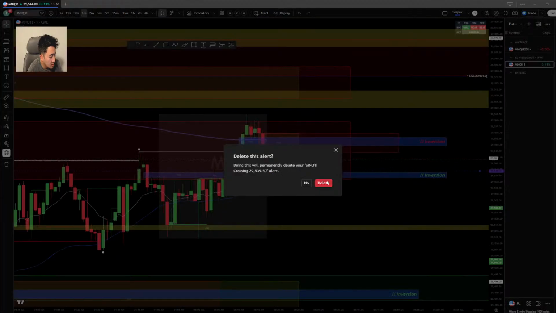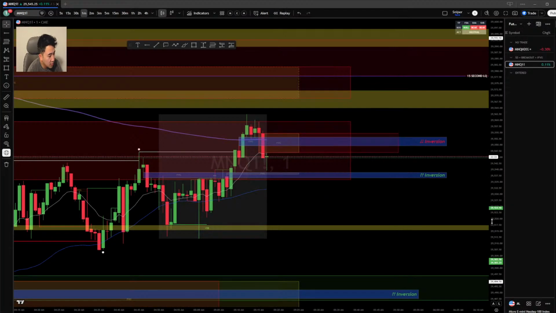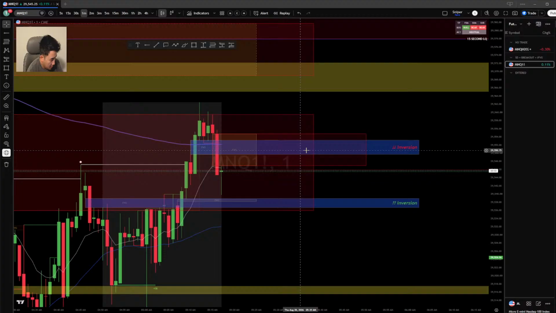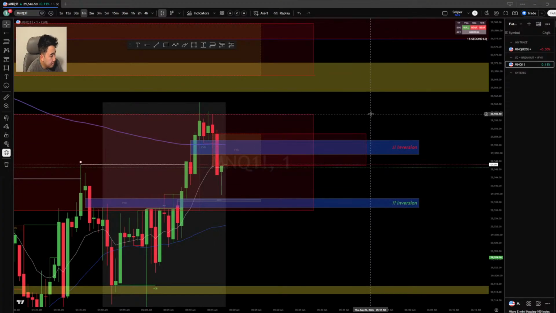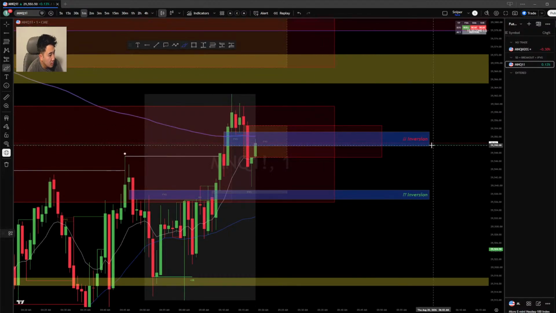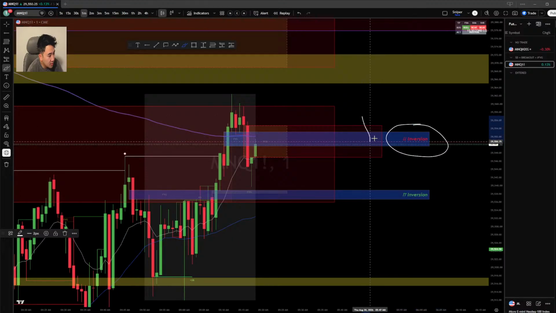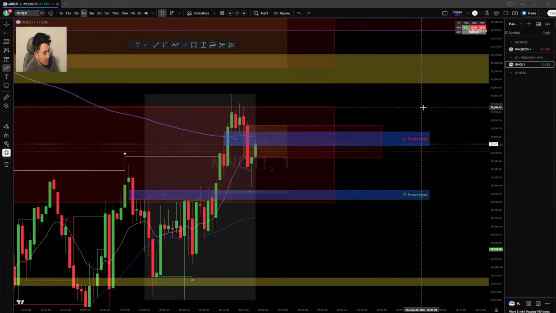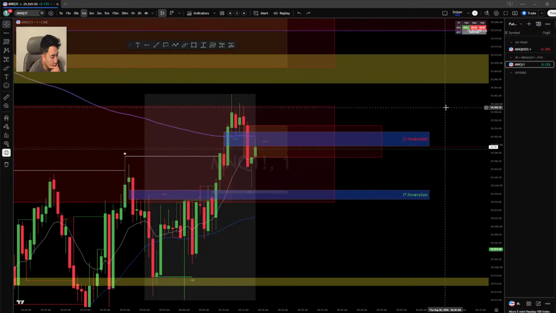I'm just gonna delete this alert right here since we're right here. Whenever you have a bearish inversion and a bearish gap stacked on top of each other, they're pretty strong.